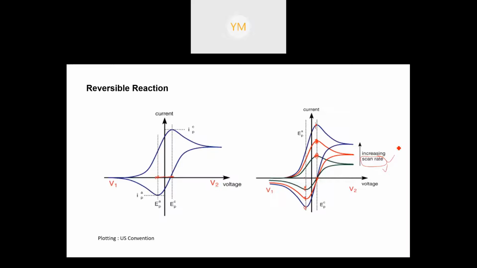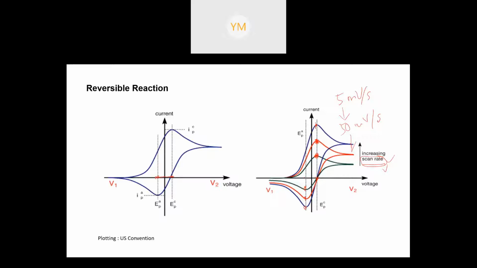You can use the smallest scan rate, in millivolt per second, then increase to 50 millivolt, then increase to 500 millivolt. This will show the same pattern of a reversible reaction. It is independent of scan rate.